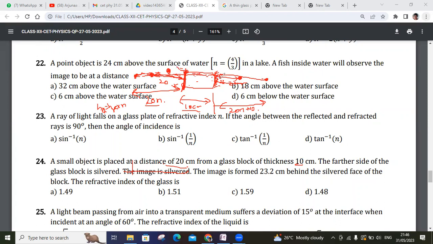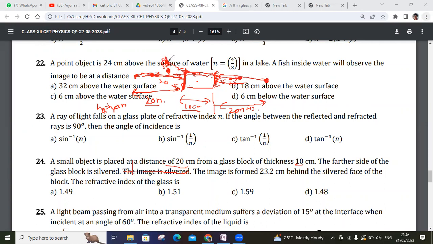So it appears that this image, which is formed by the mirror, before the light hits the person's eye, it bends right here. So for the person, it appears that the light ray is coming from some nearer point compared to the image formed by the mirror.